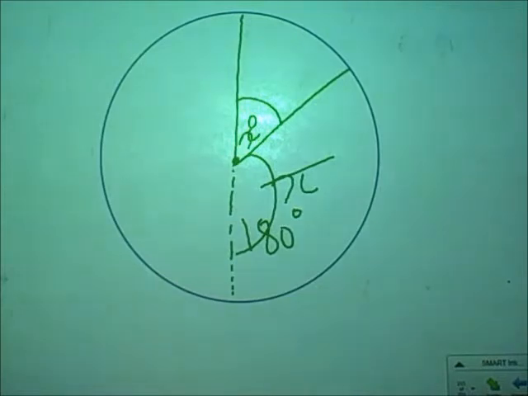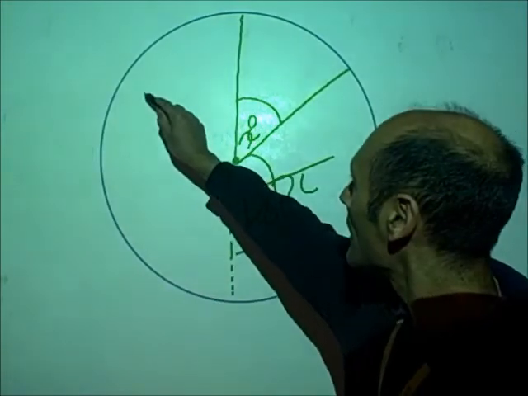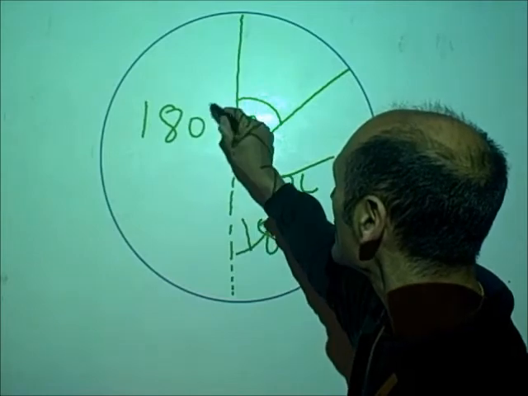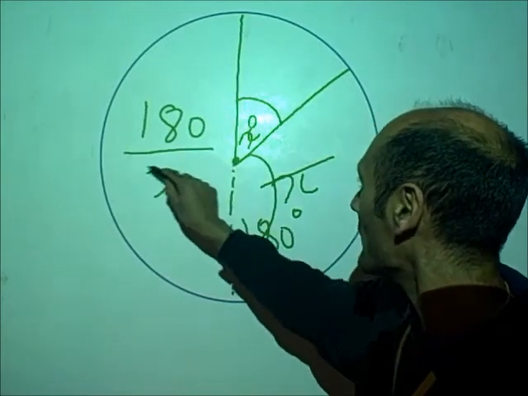Therefore, we divide one by the other, and we could say that a radian is equal to 180 divided by pi.